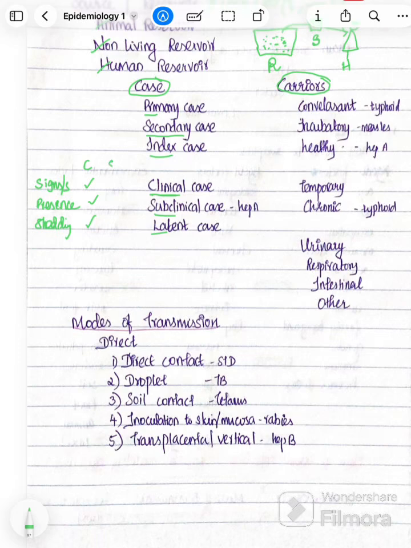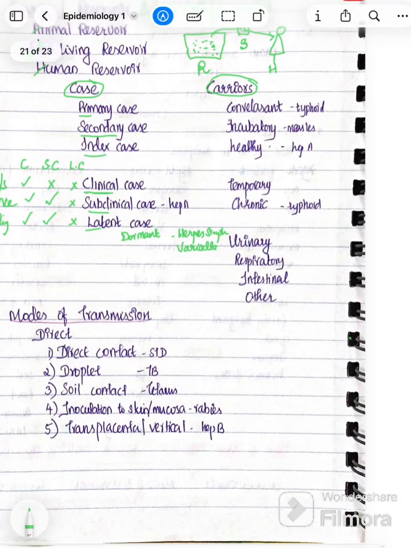If it is a subclinical case, signs and symptoms will be negative, but presence of the organism in the body fluid and shedding of the infection will be positive. Latent case, signs won't be there, all will be negative. The disease organism will be in a dormant stage. Examples: herpes simplex, varicella zoster.